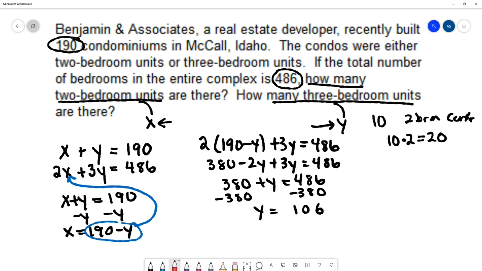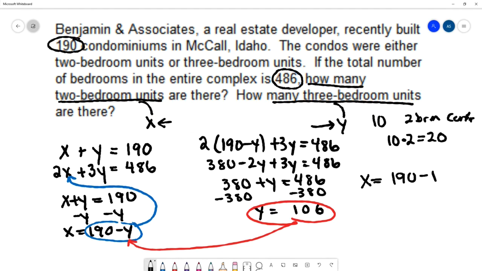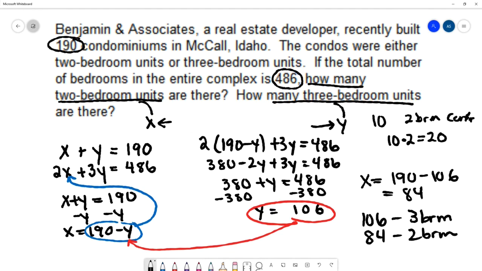And we can substitute that 106 back in here to figure out what x is. x is 190 minus 106, and we get 84. So we now know that we have 106 3-bedroom condos and 84 2-bedroom condos.